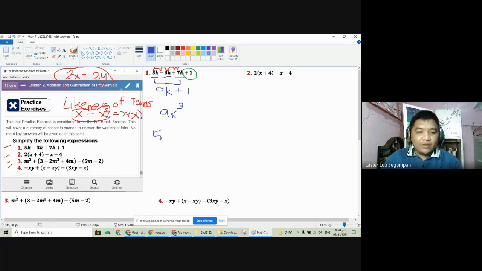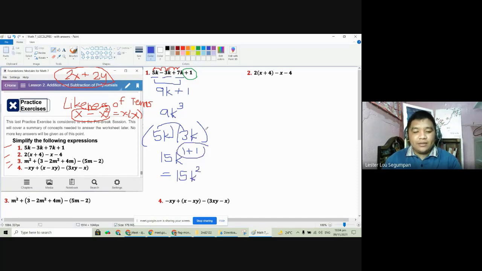Just like this one, 5k times 3k. So you're multiplying them. Multiply 5 times 3, you will get 15. K times k, because of the same base, you will have k to the 1 plus 1, which will result in 15k squared. The addition of exponents is only possible if the terms are being multiplied.